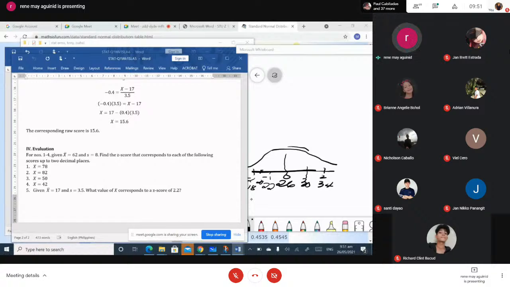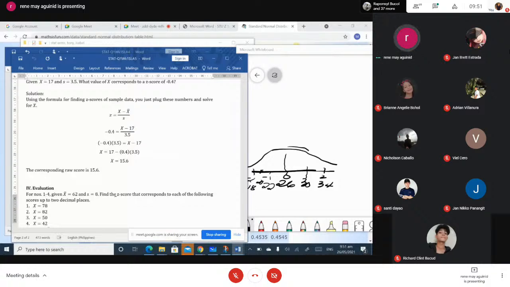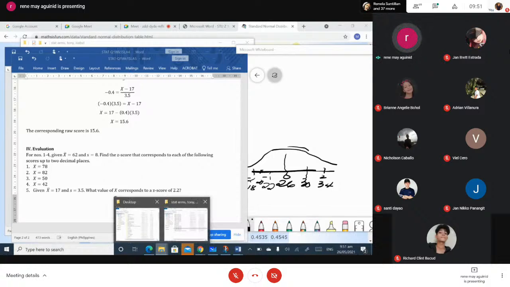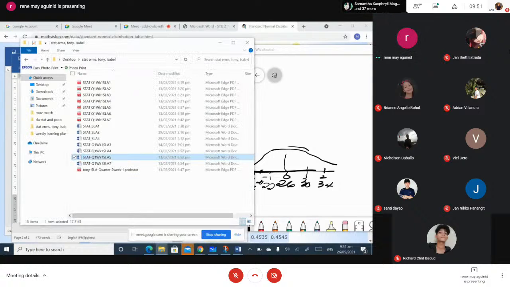Just use the formula here. Pero lahi, z-score ang ihatag na 2.2 and you're going to solve for x here. Now, use gihapon the same formula. Okay, so any questions? Okay, proceed so with SLA 6.